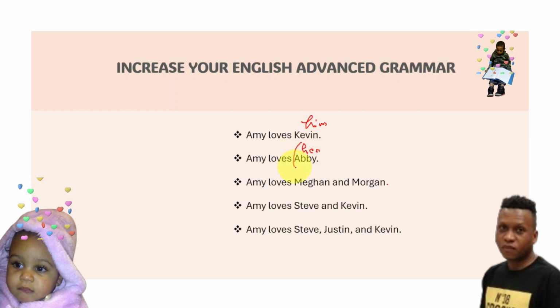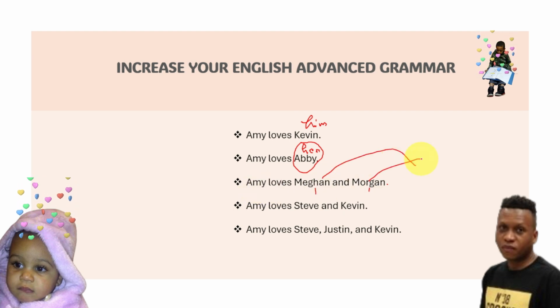Amy loves Megan and Morgan. So we have Megan one, Morgan two. So we're going to say Amy loves them. Megan and Morgan equal them, in a plural form. Amy loves Steve and Kevin.